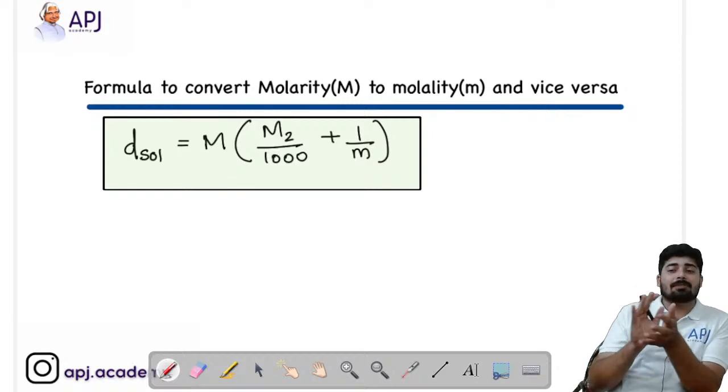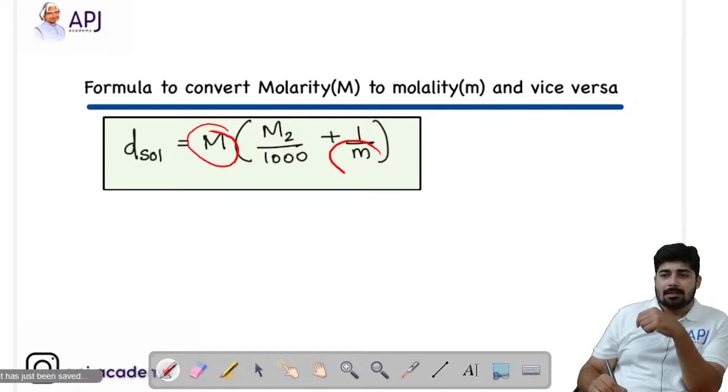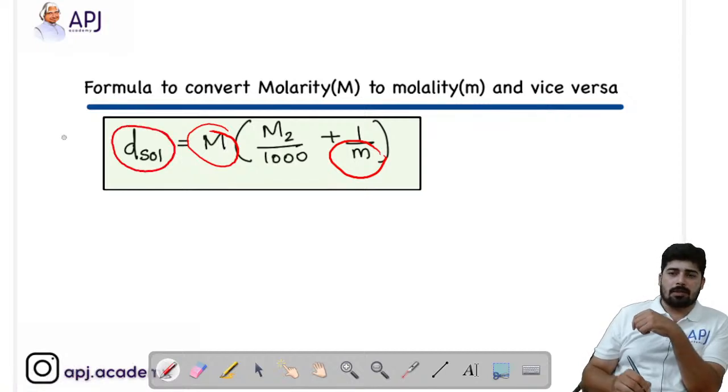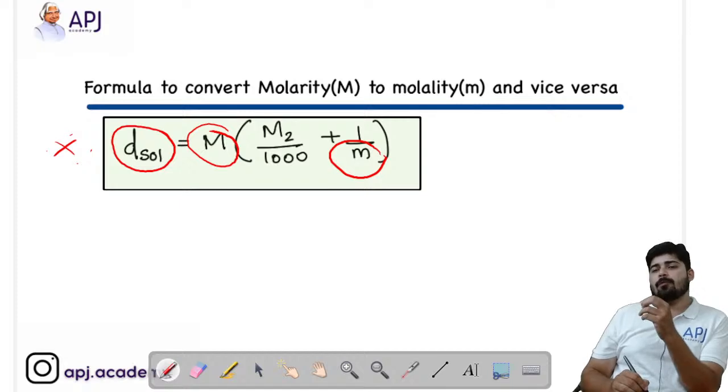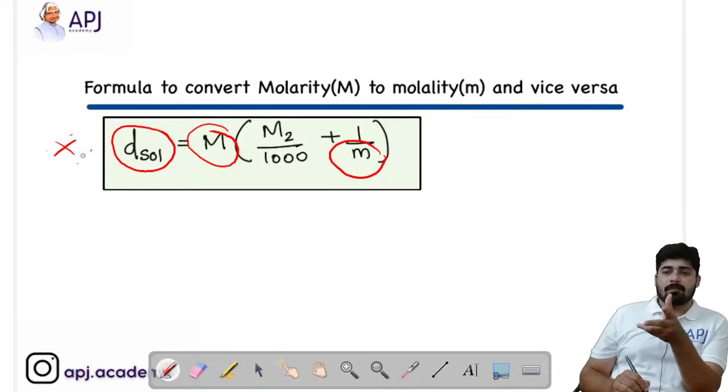So the relationship between molarity, this capital M, molality, and density is very, very important. If you know this simple equation, and you are asked to find either molarity or molality by giving the density, it will make your calculation so easy.